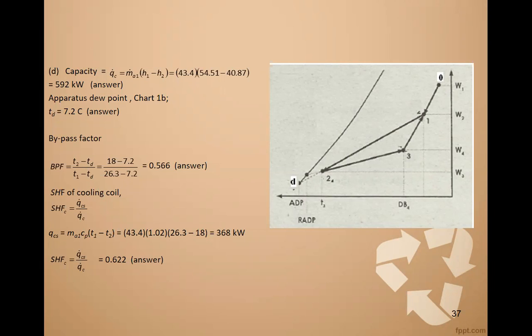Now, the sensible heat factor of the coil is SHF sub C, or Q sub CS over Q sub C. And where Q sub CS is equal to MA1 times CP1 times (T1 minus T2), which is 43.4 times 1.02 times (26.3 minus 18), or 368 kilowatts. Now the sensible heat factor of the coil is Q sub CS over QC, which is equal to 0.622. Now the answer.